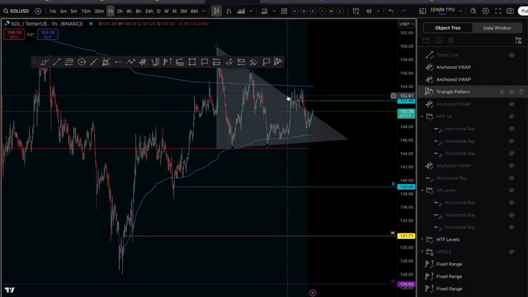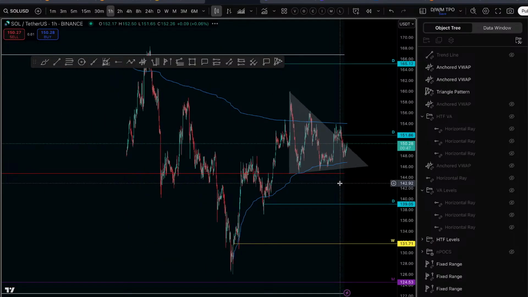We have this triangle, which we have already faked out once, so there is no need of faking out one more time, but we can do it. Solana needs a little bit more to do before we can figure it out.